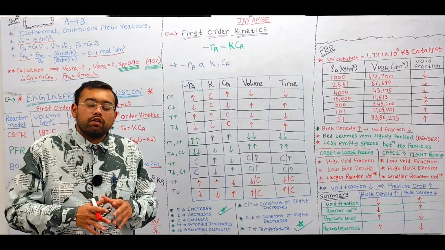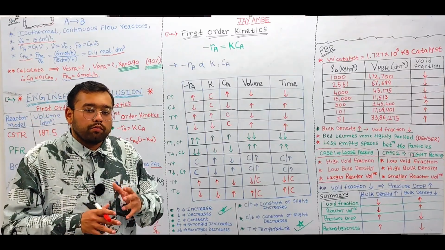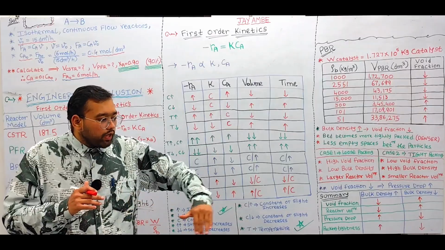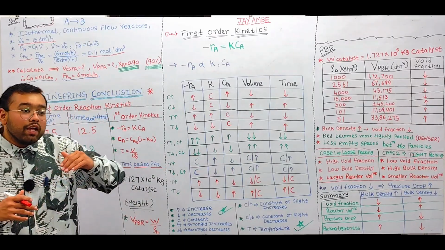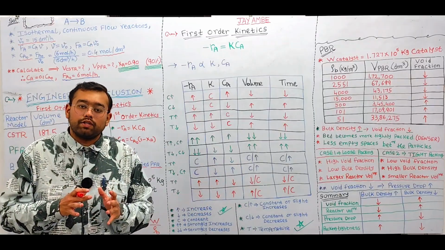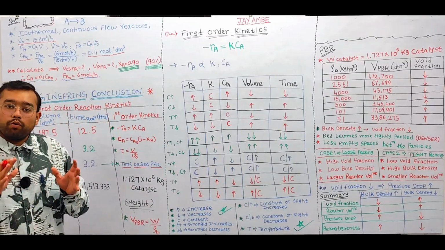Continuously, the formed products exit through the outlet stream of the reactor, which is why they are called continuous flow reactors.